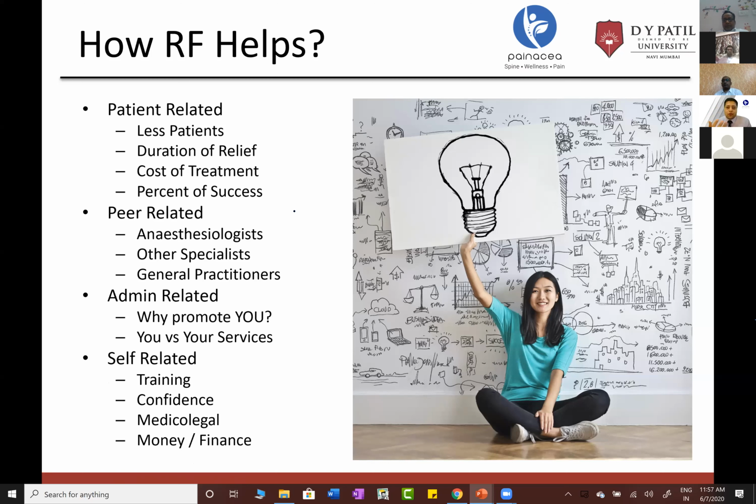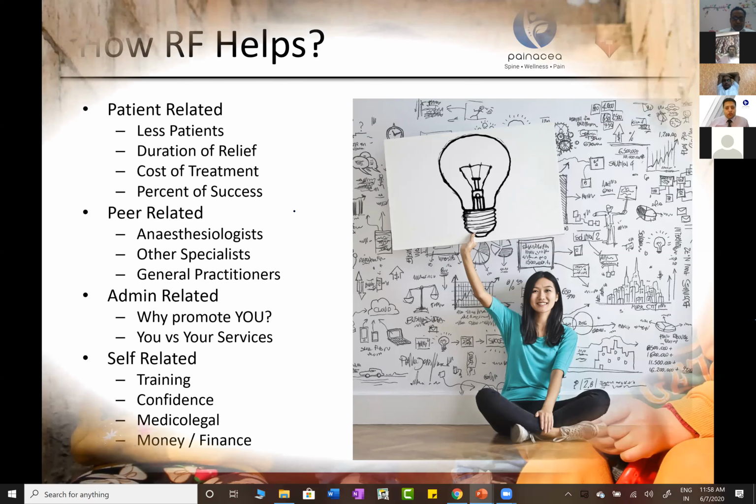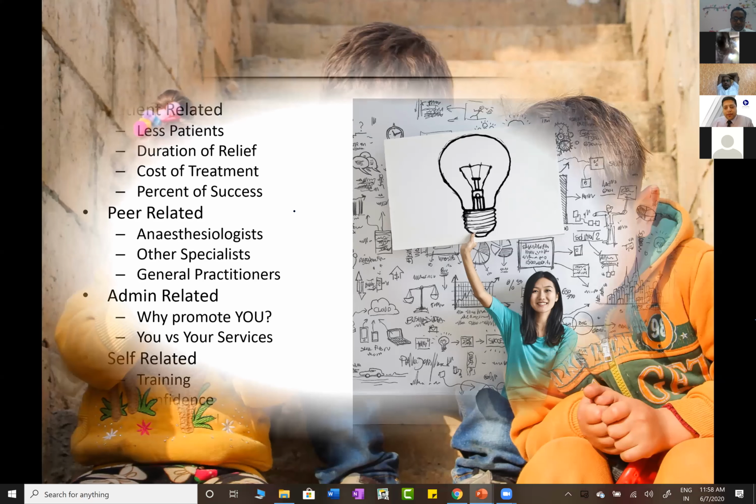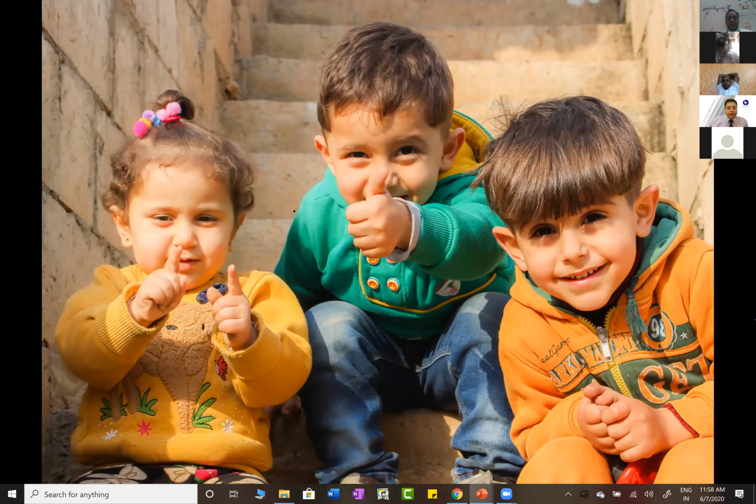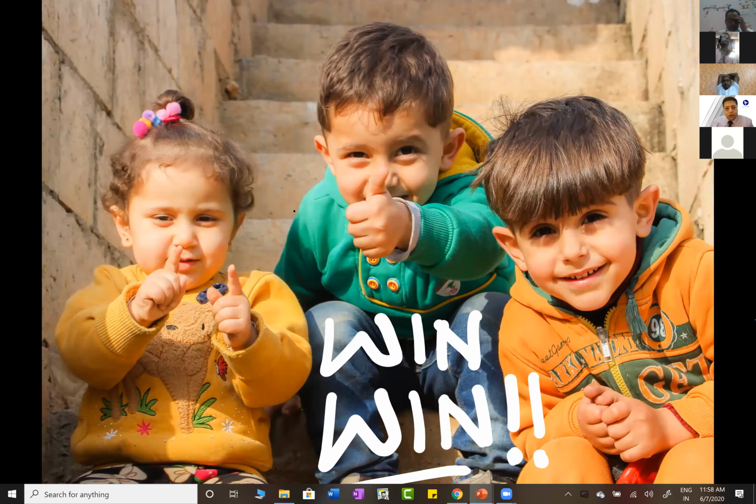And since you are now medically trained, there will be no medical legal issues, and money finance issues will automatically be solved, because you will be doing more procedures, helping more patients, making a difference in patients' lives, and then you concentrate on making your patients better. Money will automatically follow. You need not worry about all these issues. So use of RF is a win-win situation for everybody. It will definitely make your patient, your admin, as well as you all happy.